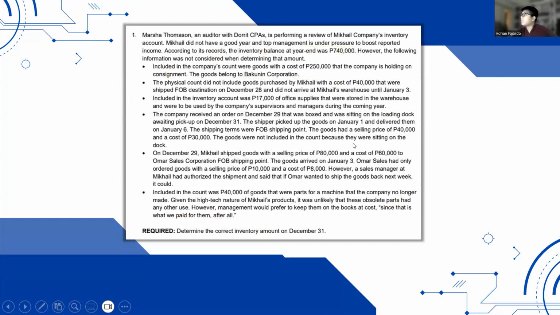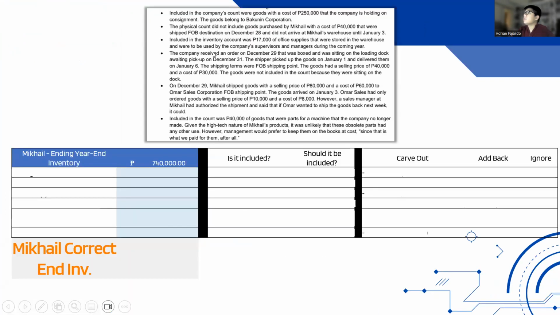So this is the framework na I'll give you in order to answer inventory inclusion problems. So number one is write down their year-end inventory. It's 740,000. Saan natin nakuha yung 740,000 again? From the given. The first question we ask would be, is it included?